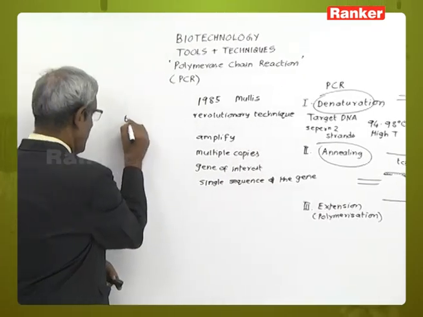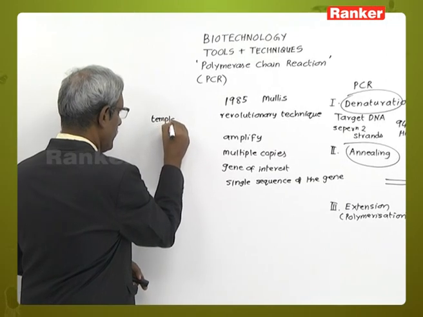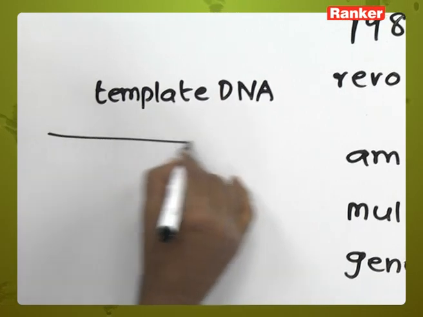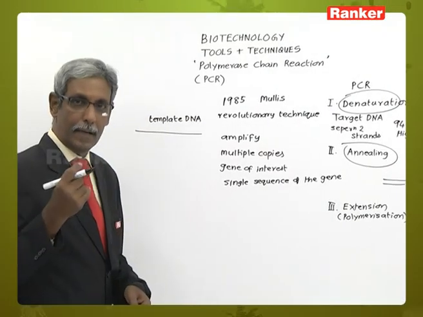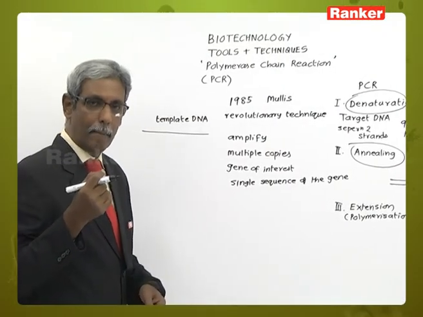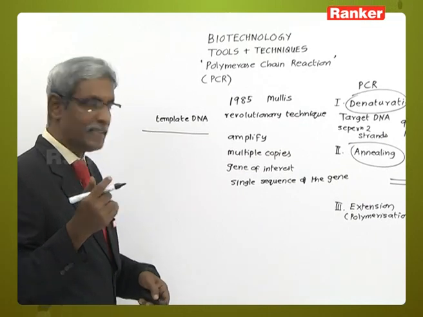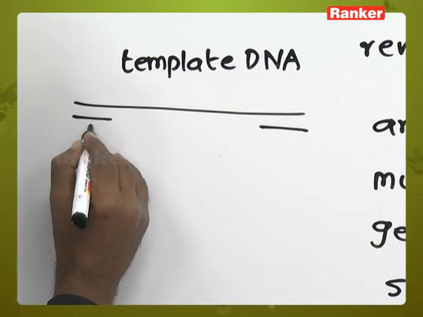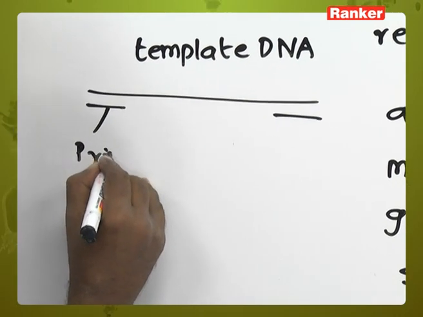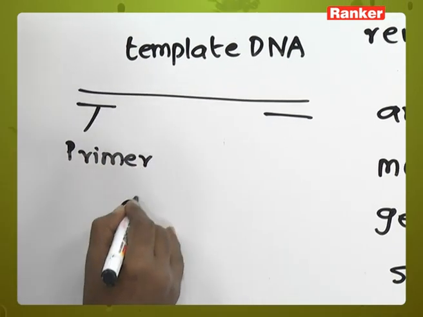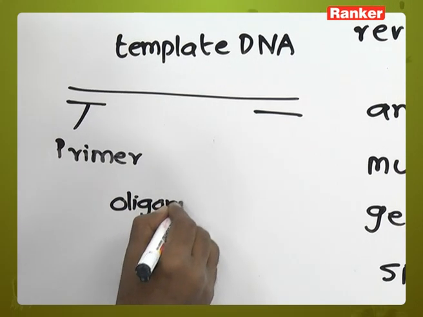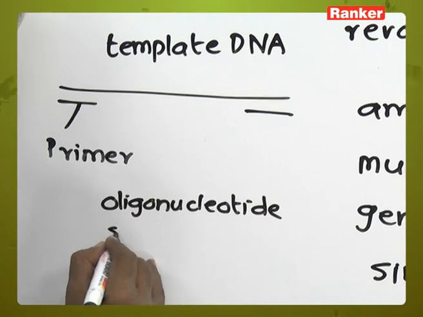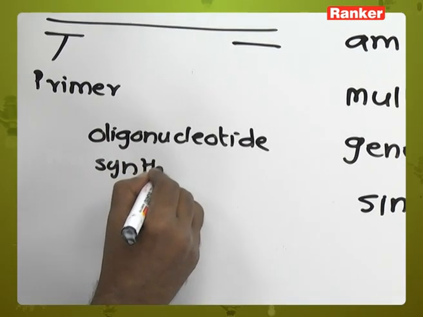Supposing we have a template DNA, in the lab we can manufacture or we can synthesize two important primers. The primer is a sort of an oligonucleotide. They are synthesized.